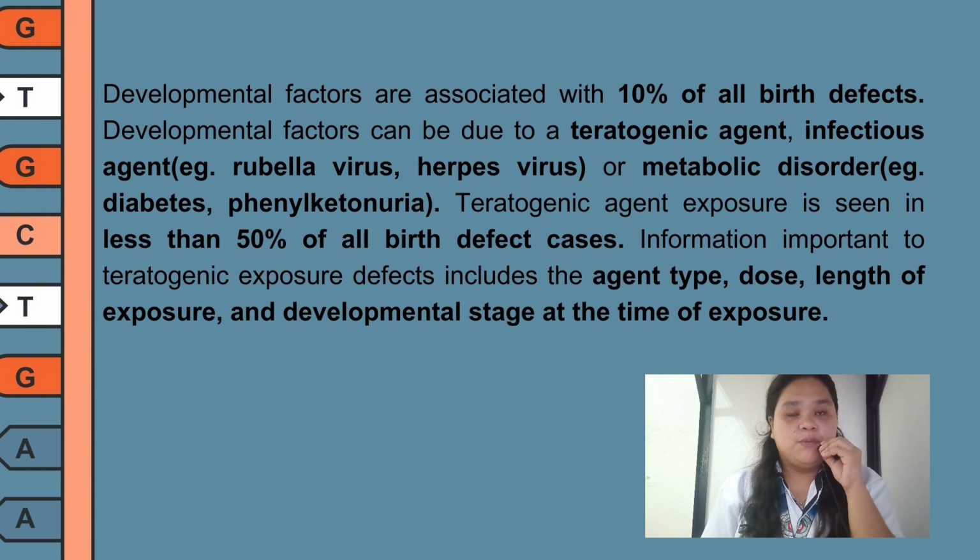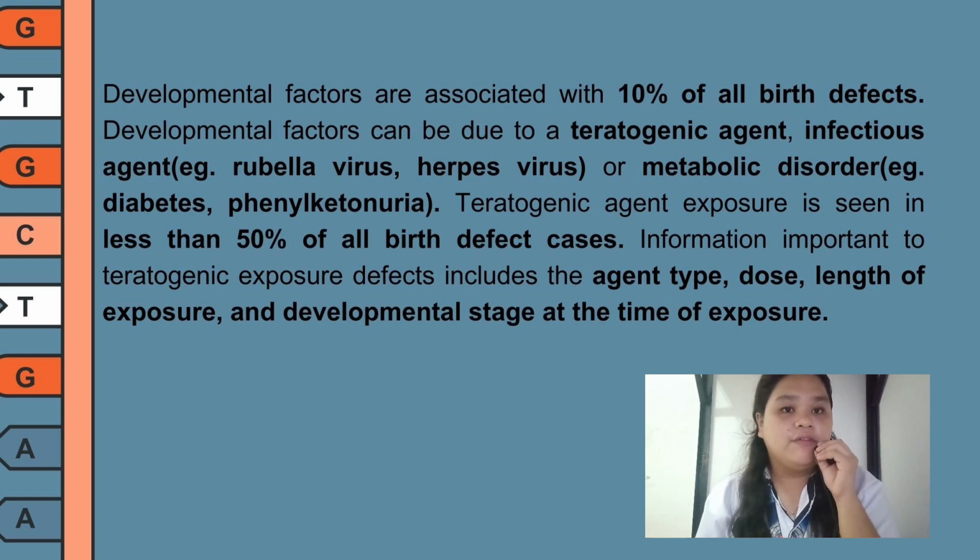Teratogenic agent exposure is seen in less than 50% of all birth defects. Information important to teratogenic exposure defects includes the agent type, dose, length of exposure, and developmental stage at the time of exposure.